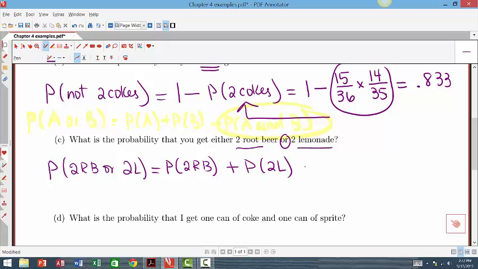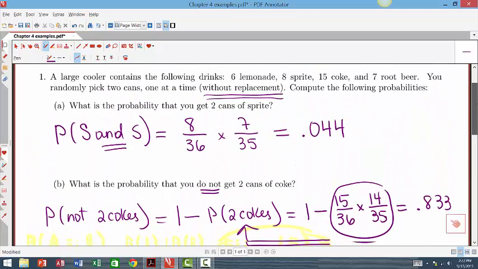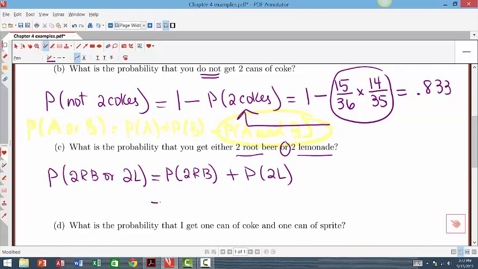Now these two are done just like we did for part A for Sprite. So what do we get here? 2 root beer: 7 root beer to begin with. Once you pick one out, there are 6 left and 35 cans left total. That's the probability of getting 2 root beer.